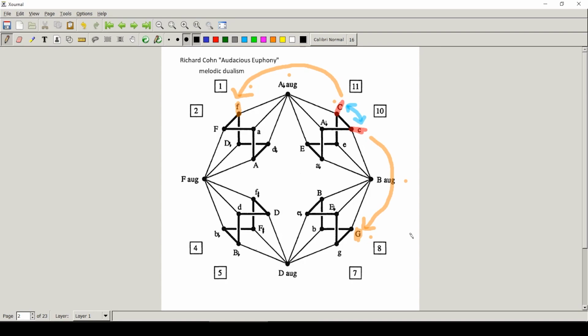Right, these two notes move up, whereas C minor to G major, those two notes move down by a semitone. So they really are kind of opposites.